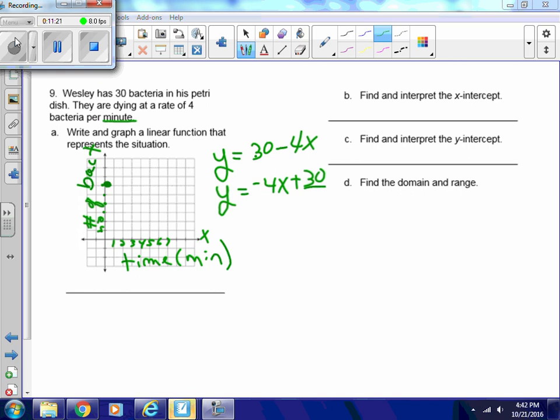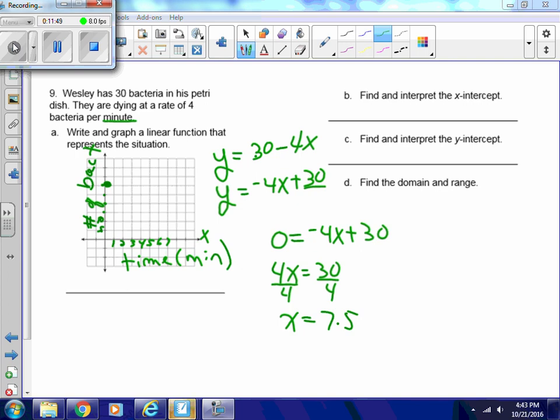Let's calculate our x-intercept to get our other ordered pair. To get our x-intercept, we'd like to plug in a 0 for y. So 0 equals negative 4x plus 30. I could add 4x to both sides, and I would get 4x equals 30. Divide both sides by 4, and x will equal 7.5.